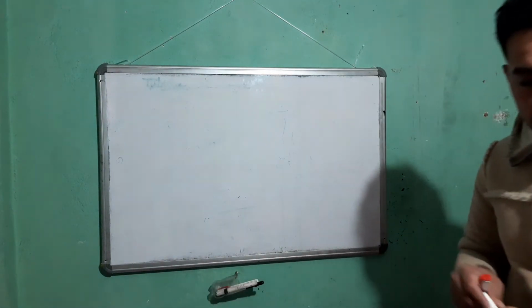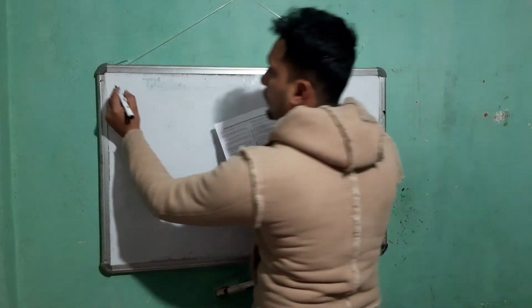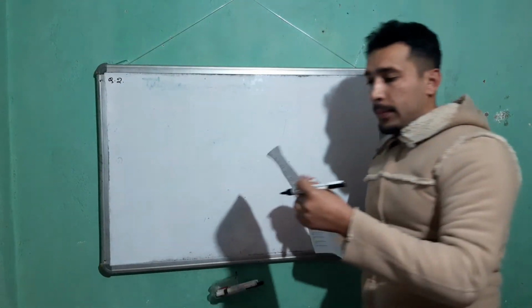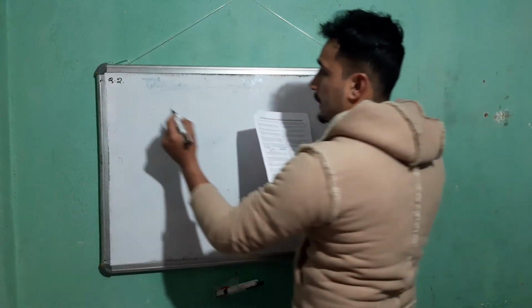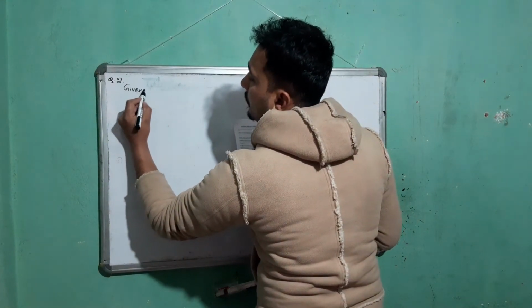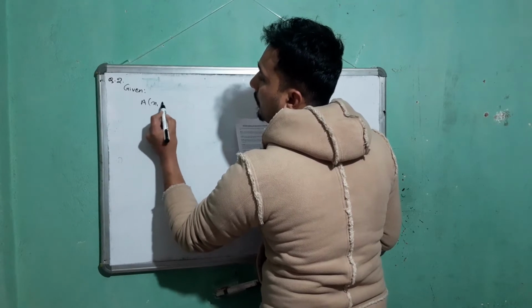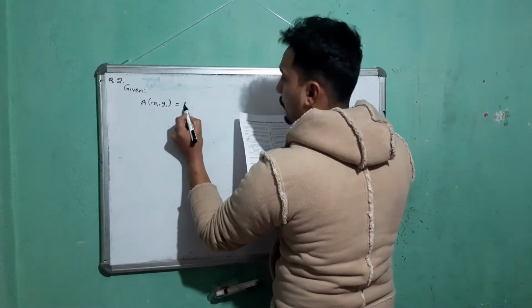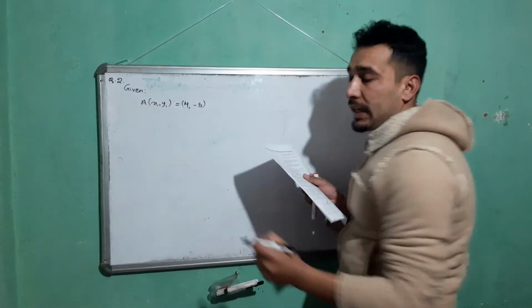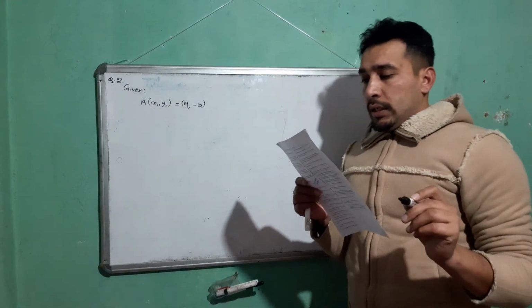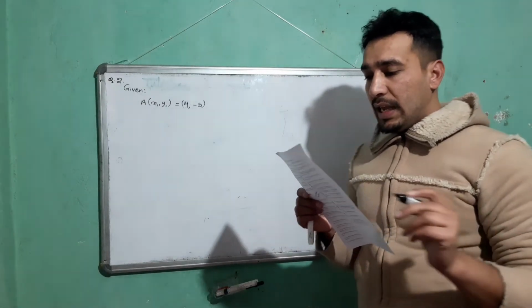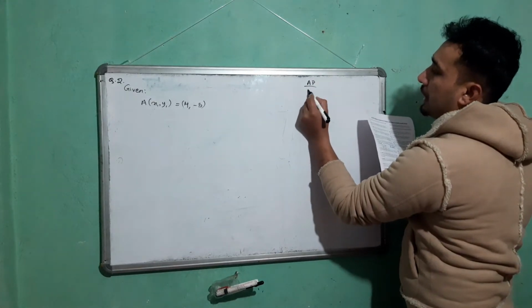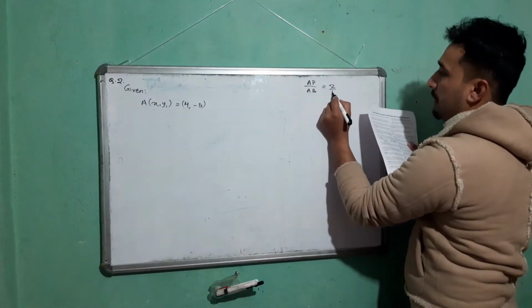Now, next question is question number 2. If the line segment joining the point A, x1 comma y1, is given as 4 comma minus 5, and B is 4 comma 5, is divided by the point P such that AP upon AB is equal to 2 by 5.